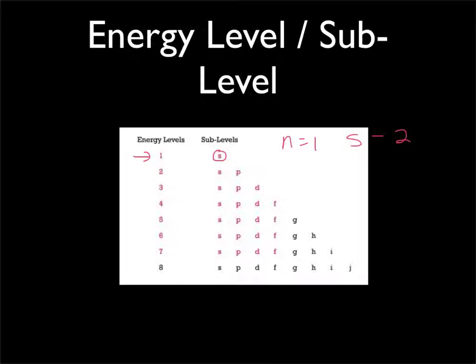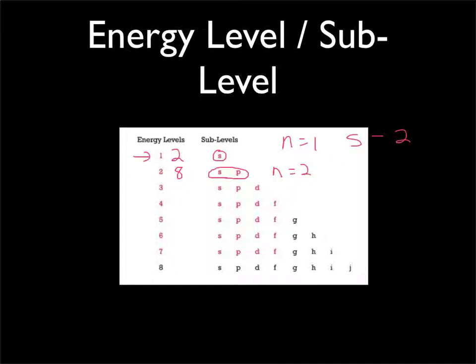In the second level, you have an S and a P sublevel. Energy level 2, remember, 2 squared is 4 times 2, so I can have 8 electrons in this level.